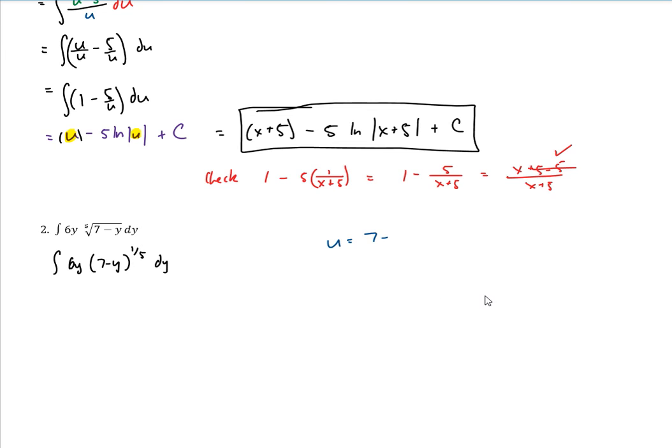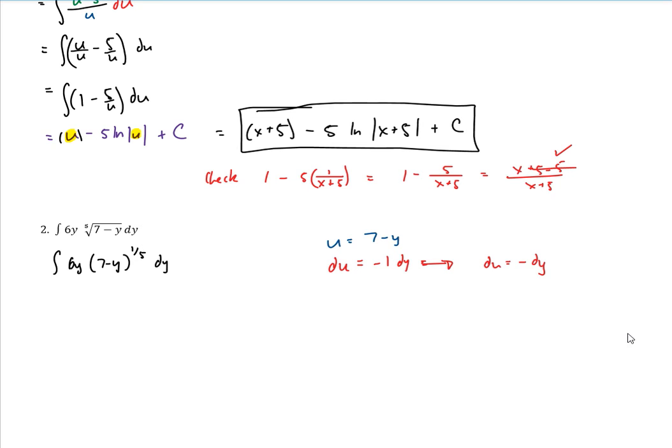So I have 7 minus y. And then our du instantly can be found. It looks like it'd be -1, and then again, attach the d whatever letter to the side. We can combine this: du is negative dy.